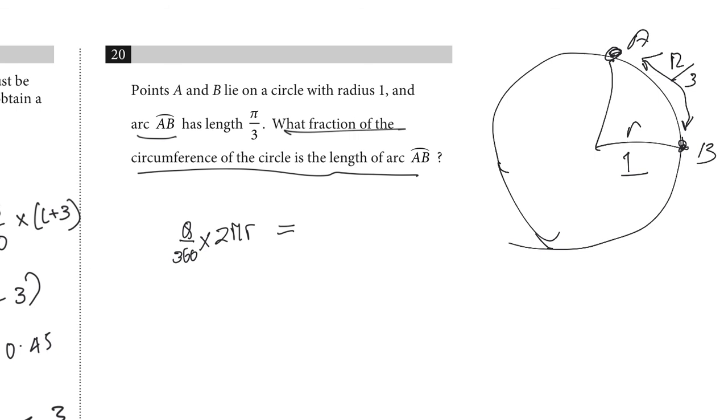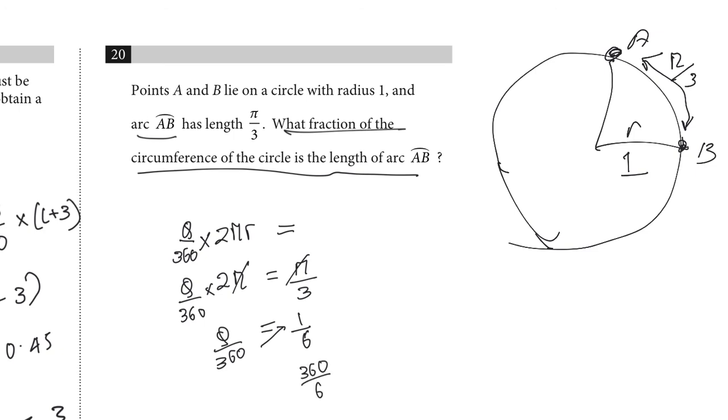We have r is 1, so we get theta by 360 into 2 pi is equal to pi by 3. Cancel the pi's, that would be okay. We get 1 by 6 equals theta by 360. If 360 goes here, 6 goes here. Alright, we'll get 360 by 6. Theta is equal to this, and we'd have 60.